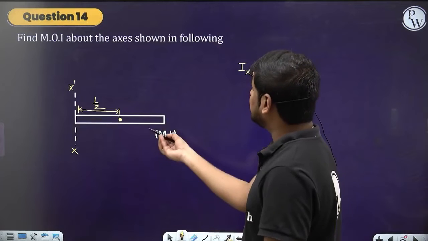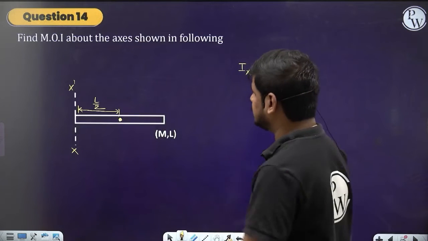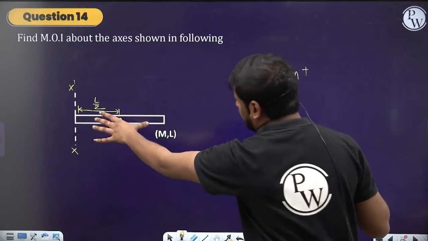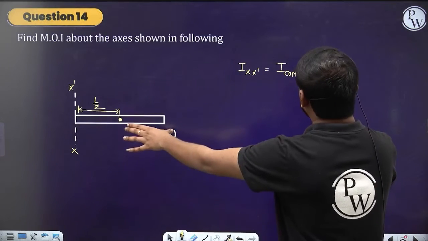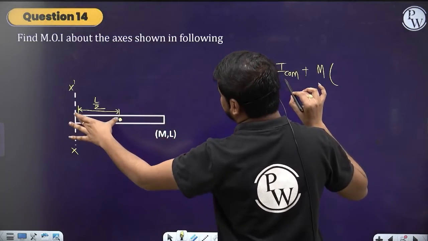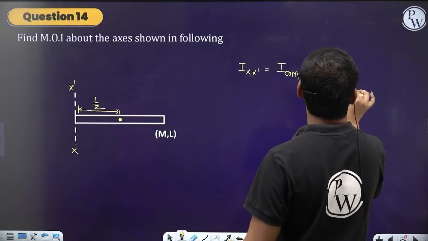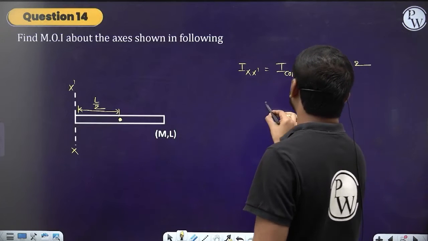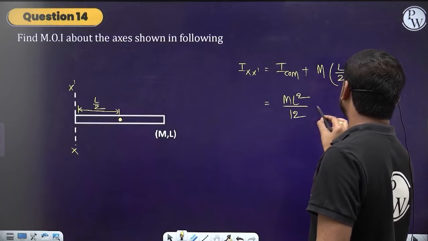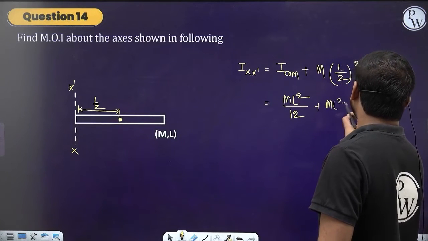Now apply the parallel axis theorem. The moment of inertia about the center of mass of the rod plus the total mass m into, at what distance are you finding from this axis? L by 2, so L by 2 whole square. From here, we already know m L square by 12 plus m L square by 4.